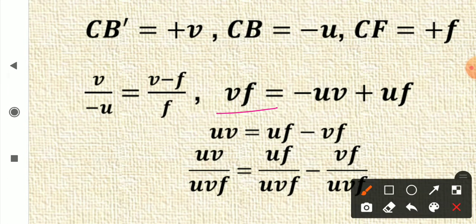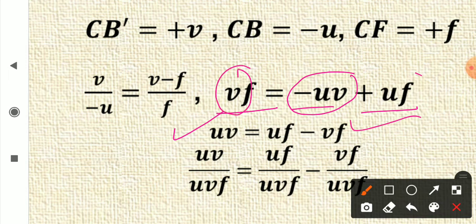You get VF is equal to minus UV plus UF. Take UV to the left hand side, it becomes positive, and take VF to the right hand side, it will become negative, and UF is already there. Now divide both the sides by UVF.